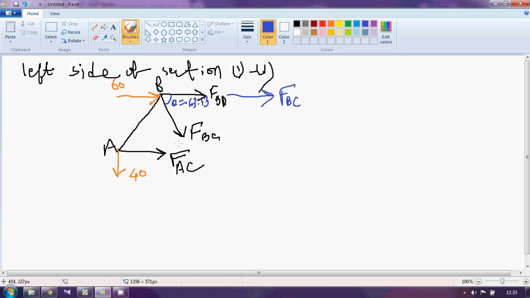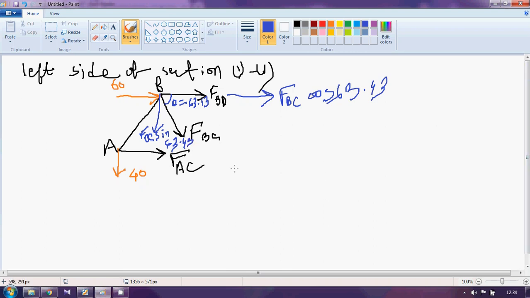So the FBC horizontal component will be FBC cos 63.43, and the vertical component will be like this, FBC sin 63.43.